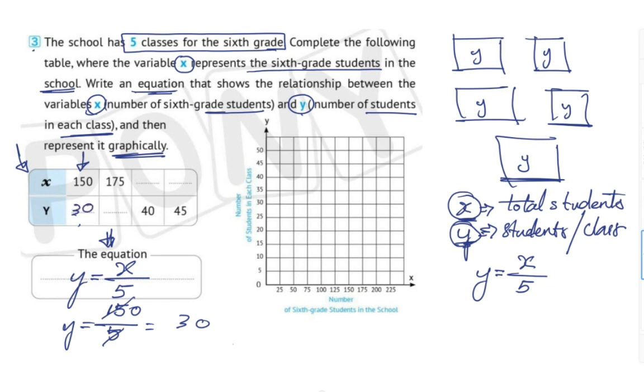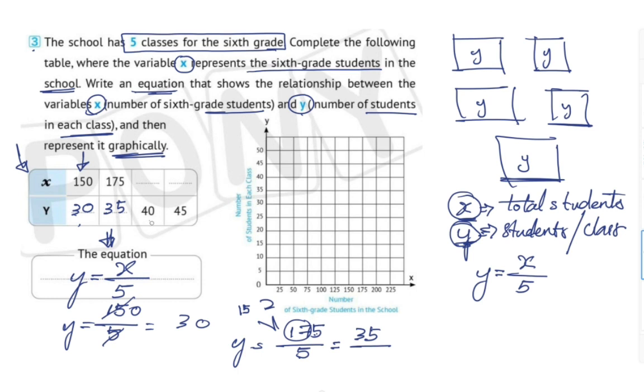Next, Y will be 175 divided by 5. You have 17 divided by 5, equals what? This 17, I can write as 15 and 2. 15 over 5 equals 3. The 2 beside this 5 will be 25 divided by 5. 25 divided by 5 equals 5. So here we have 35.